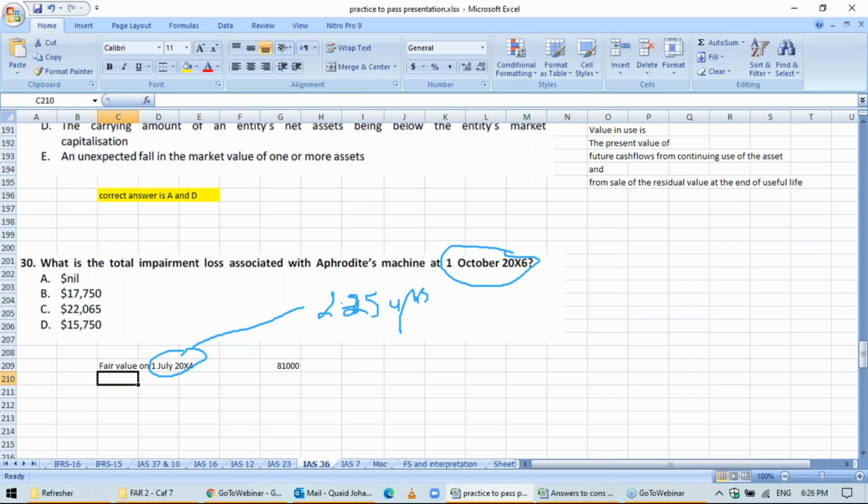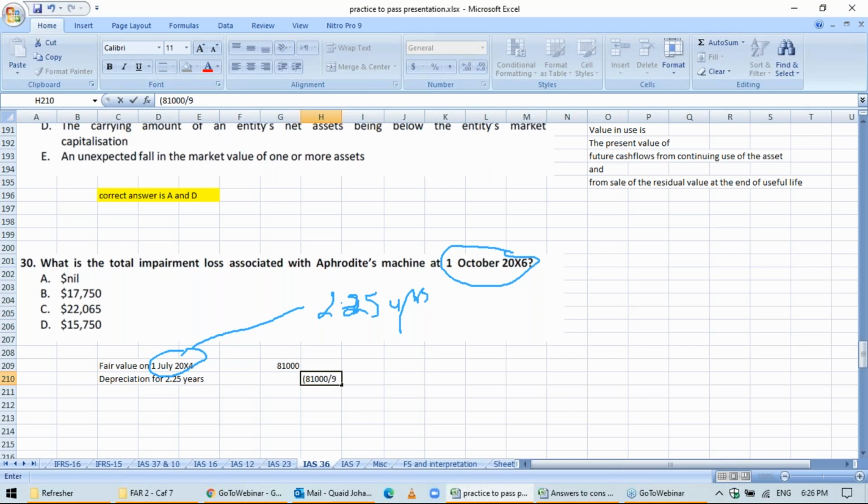The first step is calculating the carrying value. 81,000 was the carrying value in 2004, 1st July. Now deduct the depreciation for 2.25 years. The depreciation for 2.25 years will be calculated on the revalued amount, 81,000. What was the life remaining when the revaluation took place? 9 years.